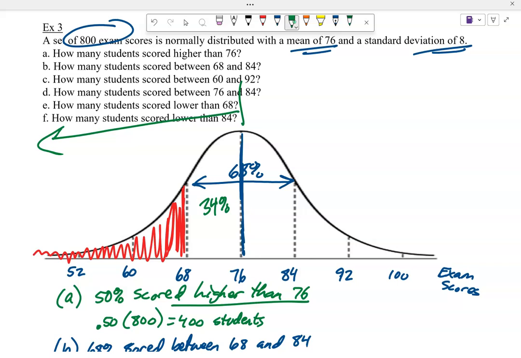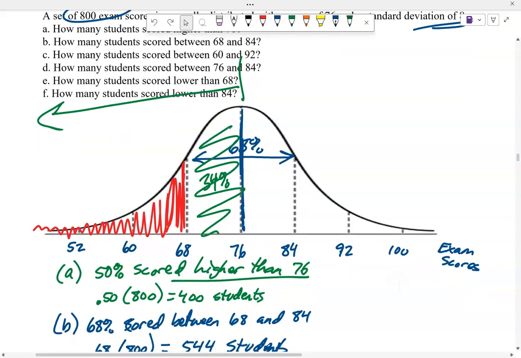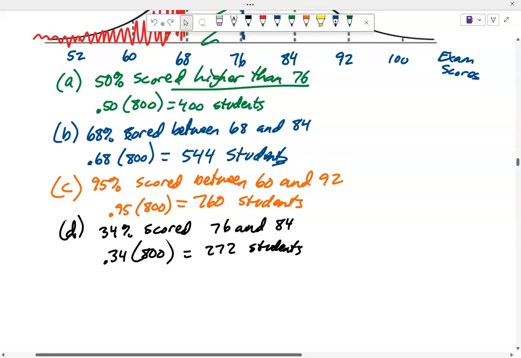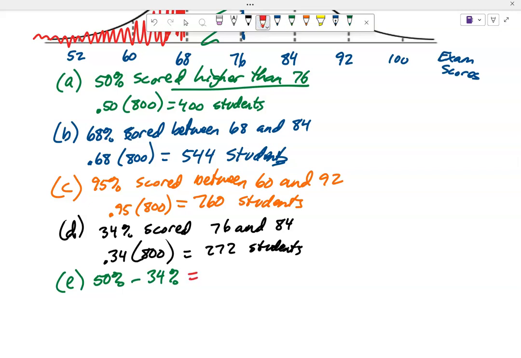So 50 minus the 34% would give us the red, right? 50% minus that 34% would give us the red, which equals that tail that's below 68.